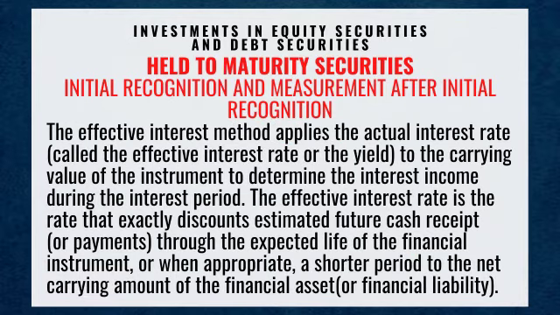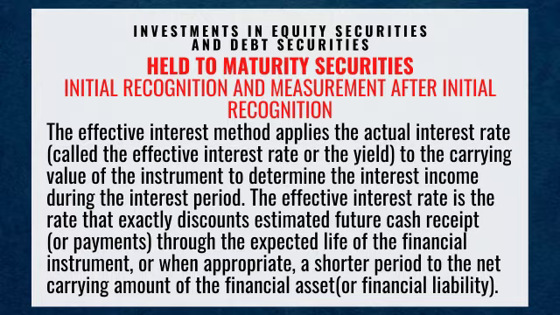The effective interest method applies the actual interest rate, called the effective interest rate or the yield, to the carrying value of the instrument to determine the interest income during the interest period.